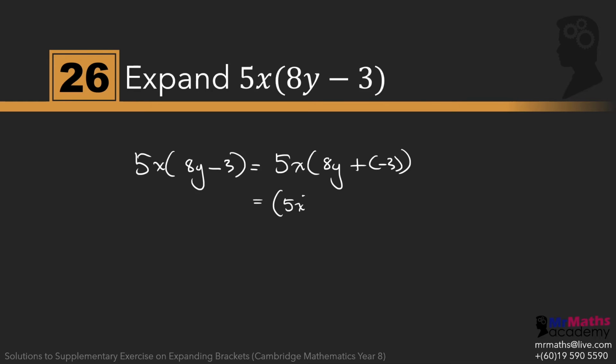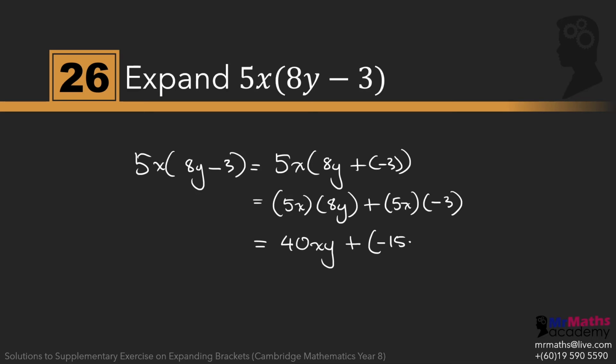This is 5x times 8y plus 5x times negative 3. So 8 times 5 is 40xy, and plus minus 15x. So the answer is 40xy minus 15x.